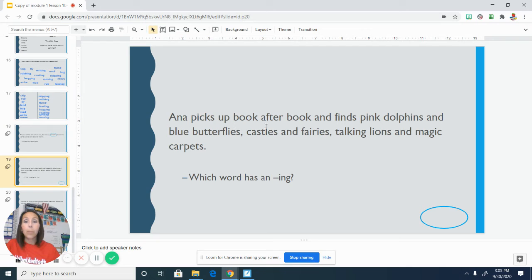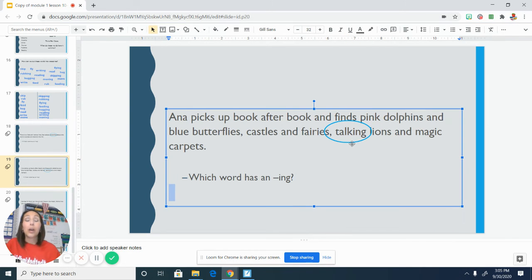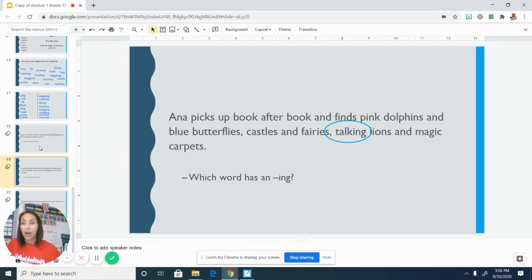All right, let's try another one. Anna picks up book after book and finds pink dolphins and blue butterflies, castles and fairies, talking lions and magic carpets. Can you find the ing word? Yeah, talking, right? Nice job. Talking. Excellent. So the root word is talk, and then we have talking with the ing.